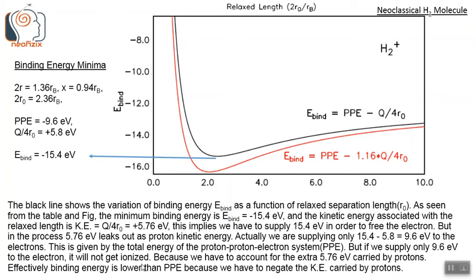Whenever we supply energy externally, we have to supply not only this 9.6 electron volt to free the electron, we have to supply this 5.8 electron volt extra to the protons so that they can carry this energy out. That's how the dissociation happens. If we do not supply this, the dissociation won't be complete. So in order to get the ionization complete, we have to supply 15.4 electron volts, and supplying 9.6 won't do. That is for the electronic transition.